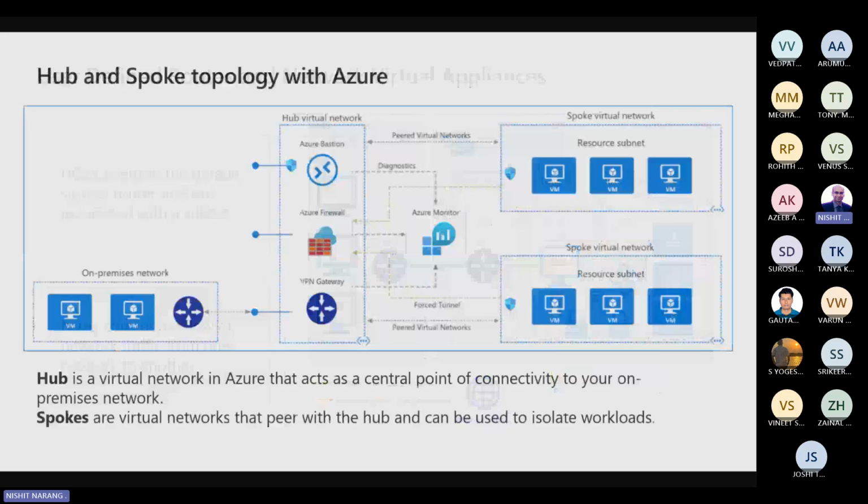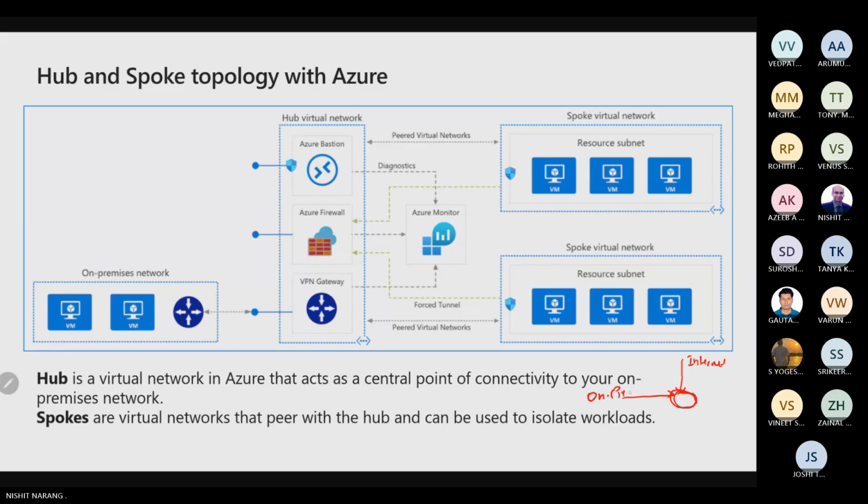Okay, this slide actually talks about the network segmentation that I was talking about. The way the virtual networks on the cloud are configured is in a hub and spoke topology. This is the hub. The hub is the entry point for all traffic. Traffic coming from the internet, traffic coming from your on-prem network, or from employees sitting at home trying to connect again over the internet.